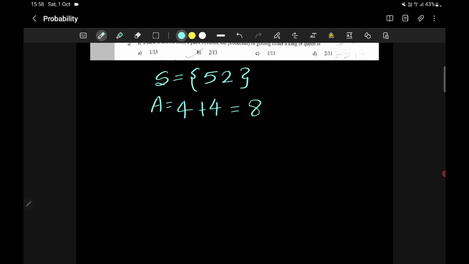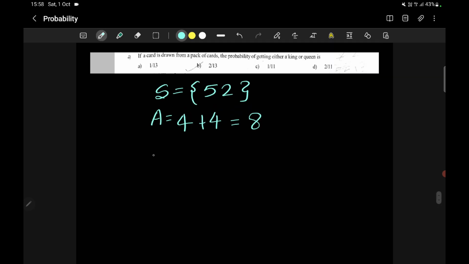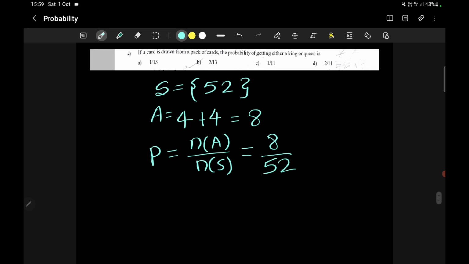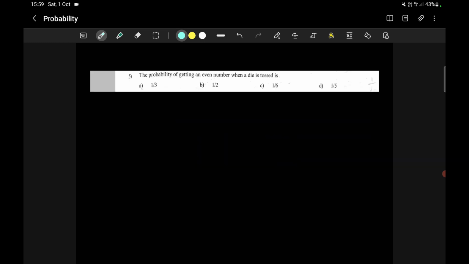Therefore A is equal to 8. Therefore the probability will be the number of events divided by the number of sample space, that is 8 divided by 52. If you further simplify this, 4 2s are 8, 4 13s are 52, you will get 2 divided by 13.